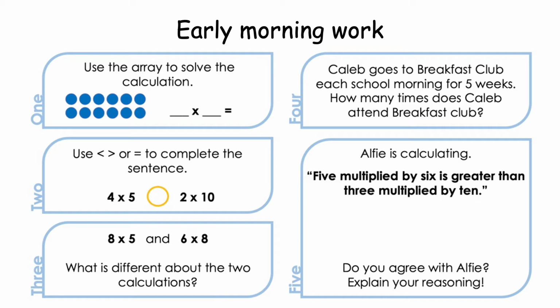So over 5 weeks, the calculation would be 5 times 5, and the answer is 25. Number 5. 5 multiplied by 6 is greater than 3 multiplied by 10. Is he correct? 5 multiplied by 6 is 30, and 3 multiplied by 10 is 30, so it's incorrect because it's the same.